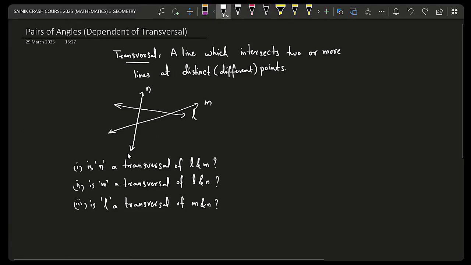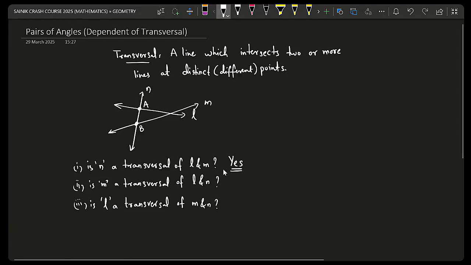Where N is intersecting L, let us say this point is A. Where N is intersecting M, it is intersecting at B. Now you check whether A and B are different, distinct points or not. Yes, that means the line N is intersecting the other two lines at different points. So can we say N is a transversal of L and M? The answer is yes.